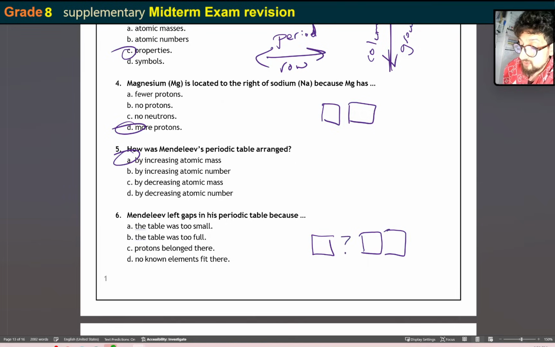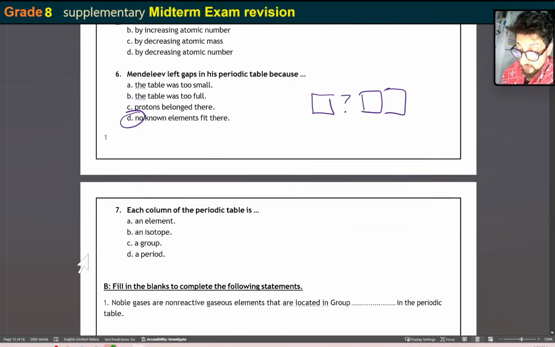Instead of putting in random stuff, he left gaps because none of the known elements could fit, but he hoped that in the future elements would be discovered that would fit. That's why. Okay, moving on.